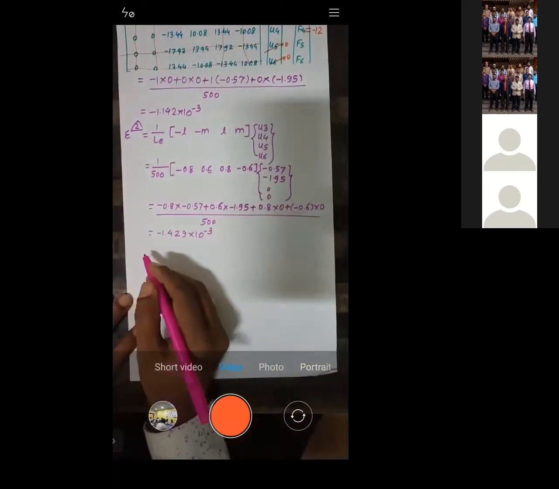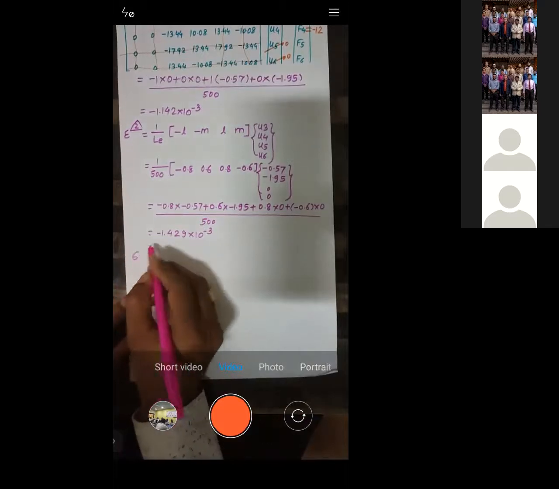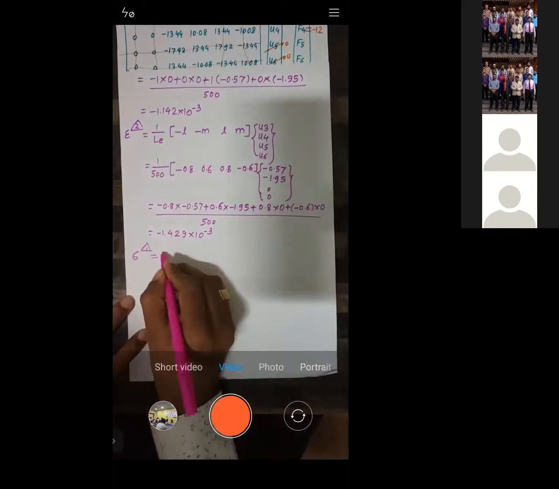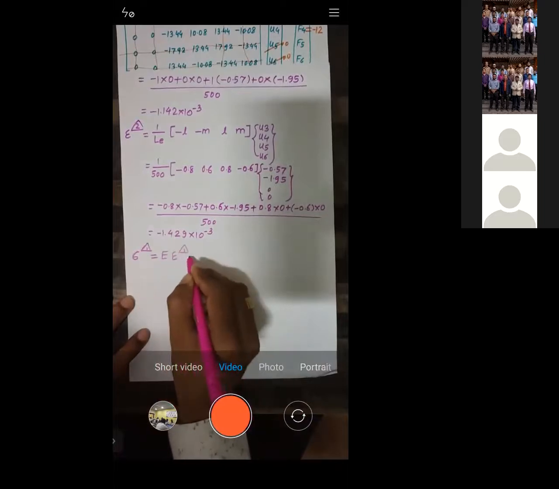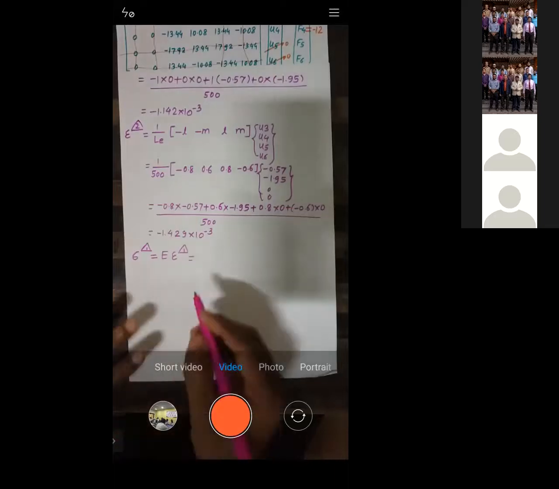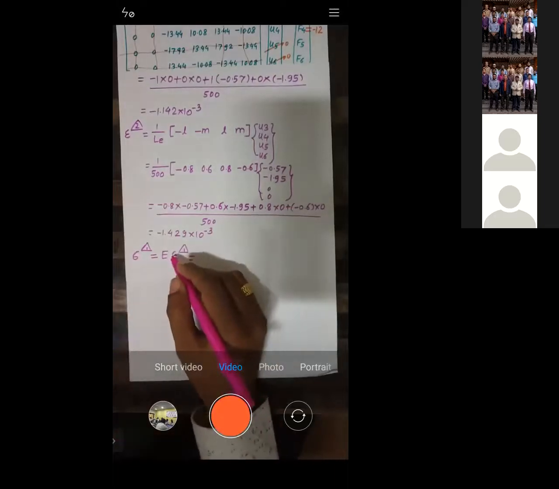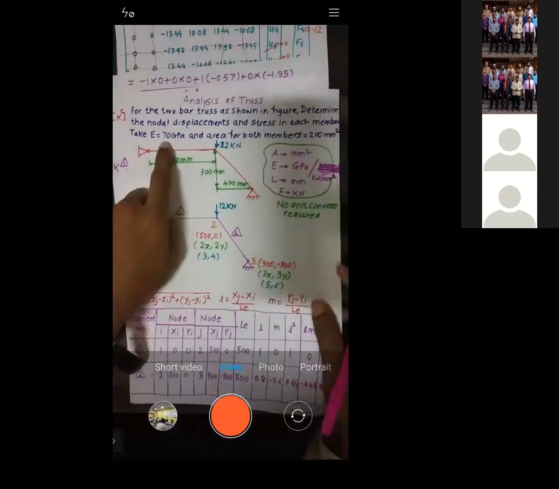Now once we have the strain, we'll calculate the value of stress. How to calculate stress? Stress induced in element number 1 is given by E into strain, because E is the ratio of stress to strain. The value of E is common for the entire problem: E is 70 gigapascal.